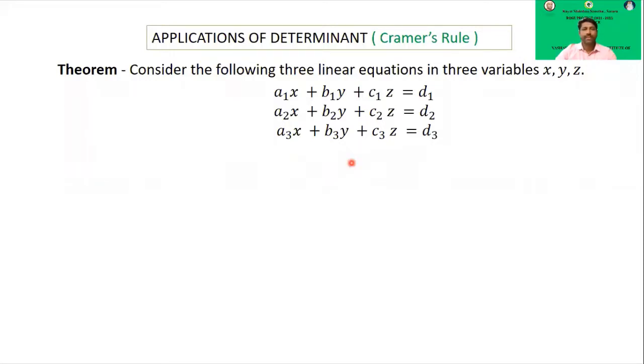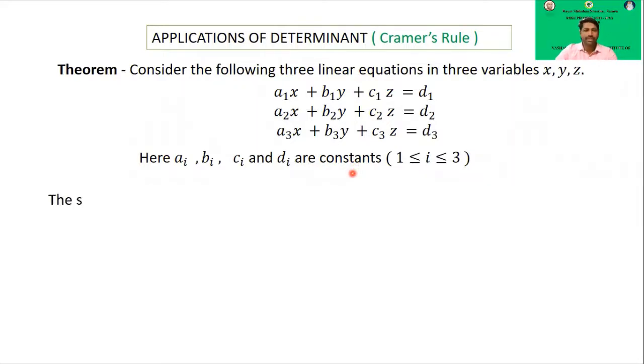So these are three linear equations in three unknowns. Here ai, bi, ci, that is a1, a2, a3, b1, b2, b3, c1, c2, c3, and d1, d2, d3 are the constants, any real numbers.